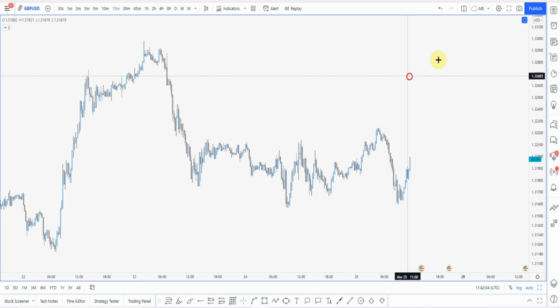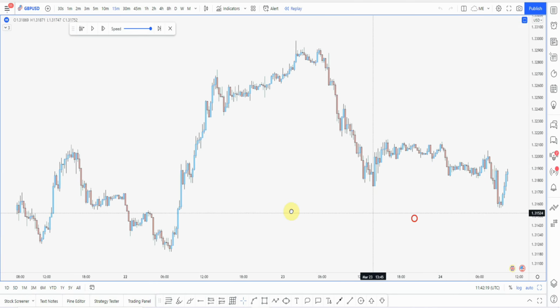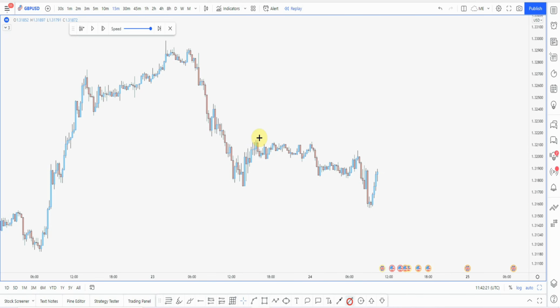Okay, guys. Okay, same price action here as yesterday. I said this is liquidity to the upside.